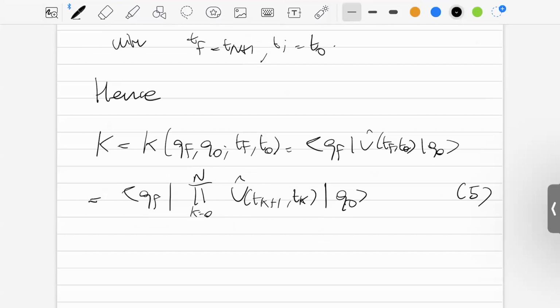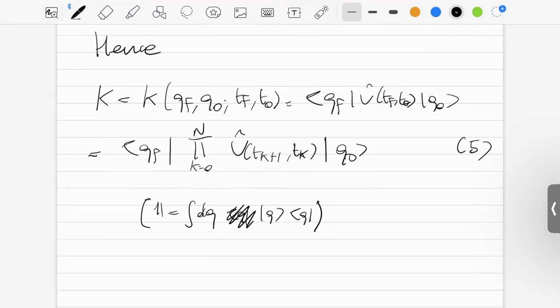Now we are going to insert the identity, using the property of the identity written as an integral: I equals the integral dq of ket q bra q. We are going to insert this n times.